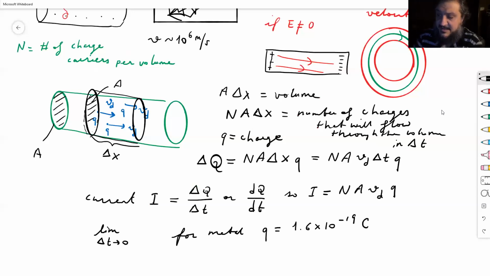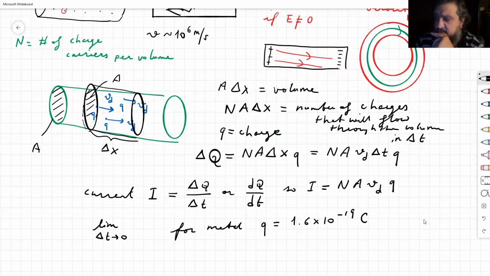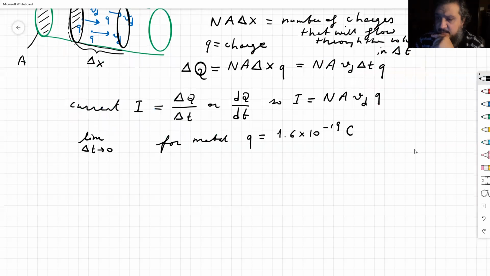Of course, the electron has a negative charge. I'm talking about the absolute value of this charge here. And n can be found from a table. The density of free electrons, the density of charge carriers, will vary from element to element, so that can also be determined from a table.